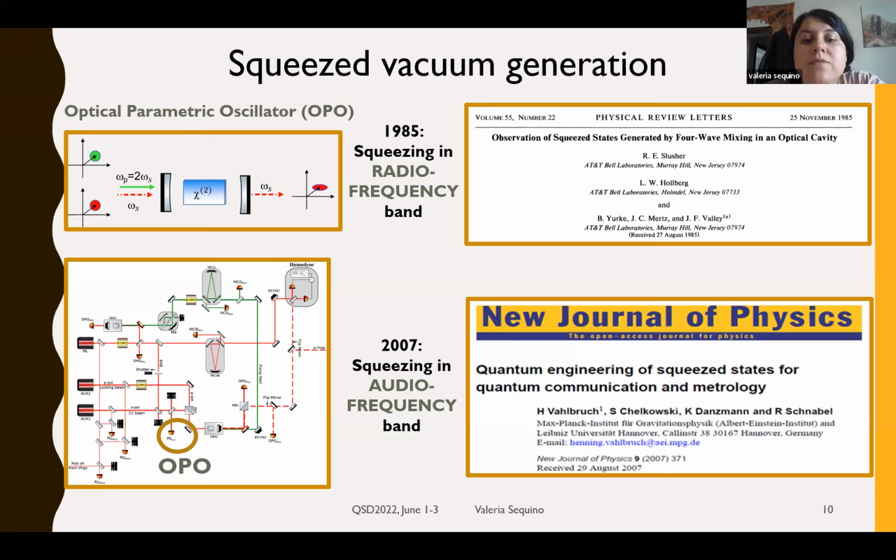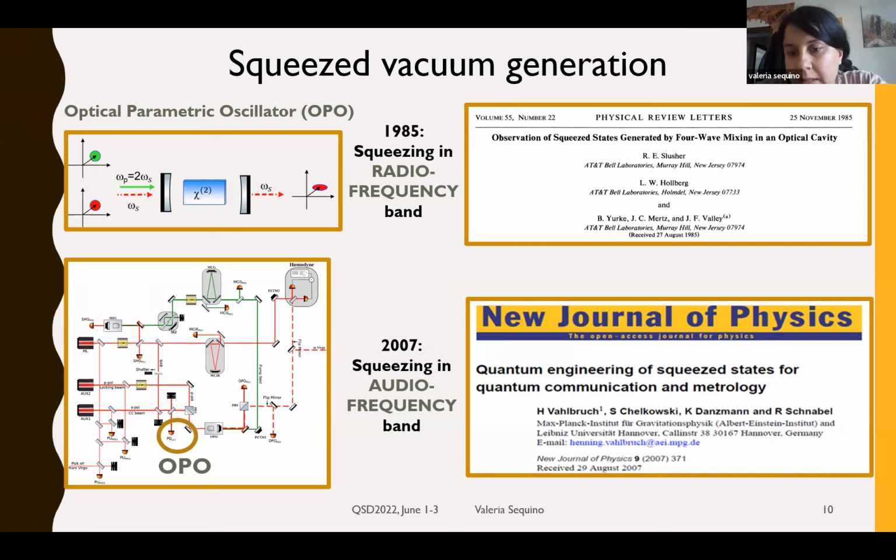This means that we have to stabilize the squeezed states, and if we want phase squeezed states to reduce the shot noise, we need to stabilize the so-called squeezing angle.